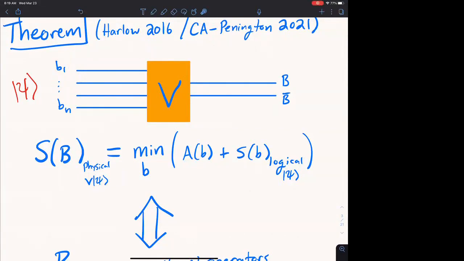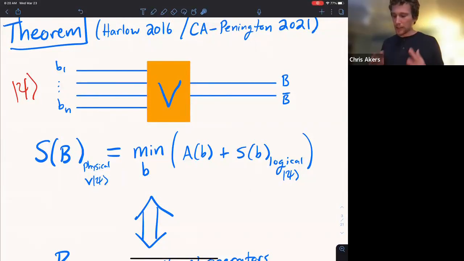So you're imagining partitioning the bulk in a similar way to the way the boundary is partitioned? I assume you have in the back of your head some notion of bulk locality, where you picture some analog of the bulk Ryu-Takayanagi surface, which separates the B's into two pieces, and you're somehow minimizing over that partition. Is that the flavor of what's going on?